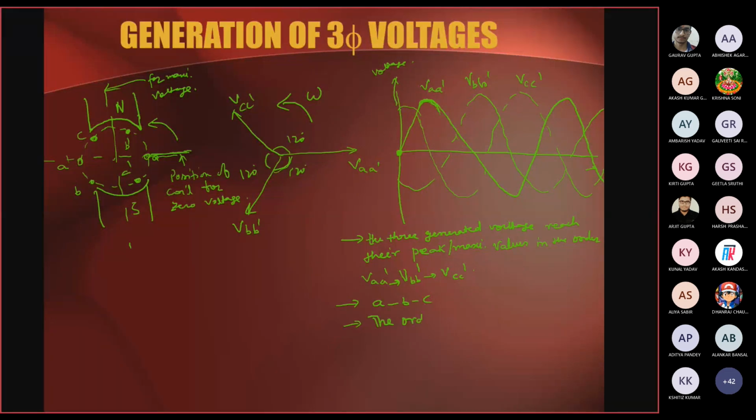The order in which the phase voltages reach or attain their maximum values is known as phase sequence, right? So here for the anti-clockwise direction we are getting the phase sequence as ABC, meaning the voltage will reach the first peak in coil A, then coil B, then coil C, right?